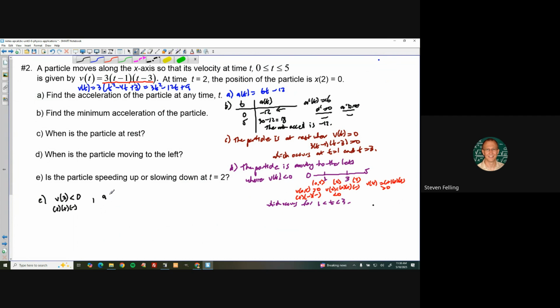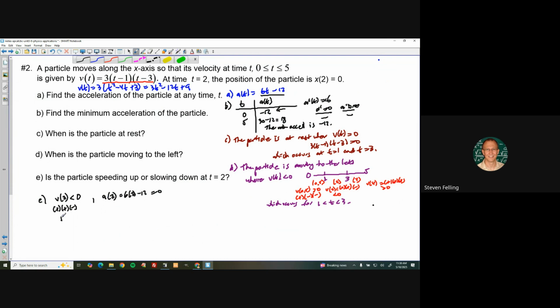And then for the acceleration at 2, I'm using this right here. I'm just going to actually compute it. 6 times 2 minus 12. That's interesting. It's equal to 0, right? Which means that if the acceleration is 0, the velocity is not changing at all. So it's neither speeding up nor slowing down.